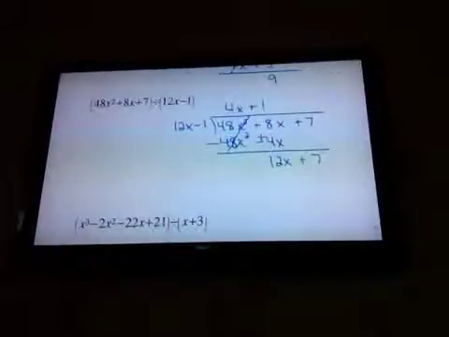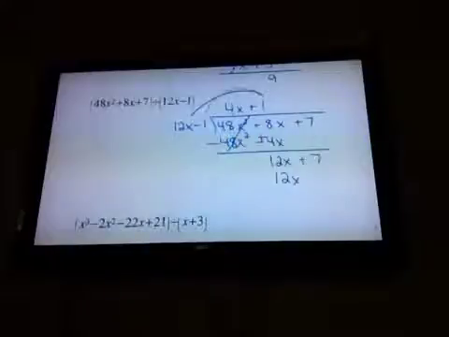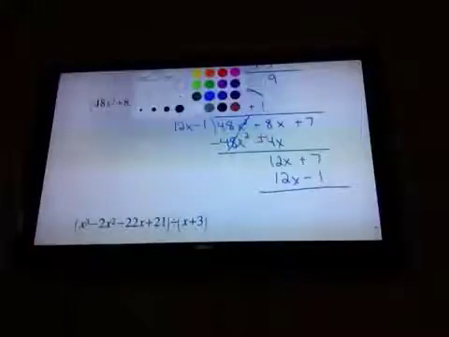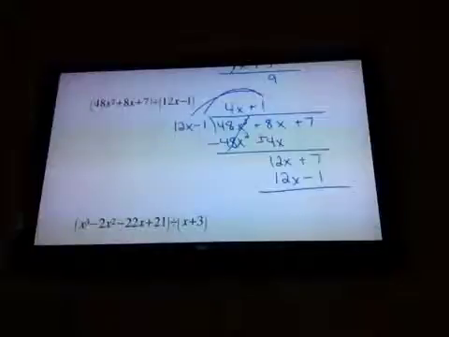So I multiply through. 1 times 12x is 12x. 1 times minus 1 is minus 1. Here I subtract. Subtraction, same thing as changing the signs and adding.